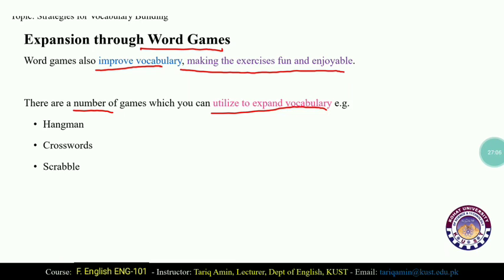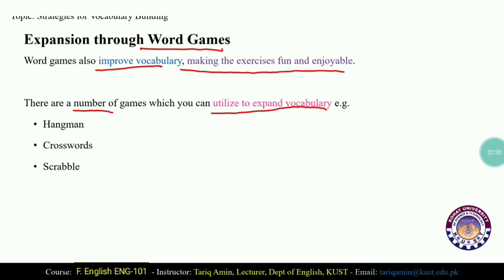For example, in is a prefix, ir is a prefix, and examples of suffixes are -ness, -full, etc. If we know the meaning of different prefixes and suffixes, we can learn different words through them as well. We can guess the meaning of different difficult words.